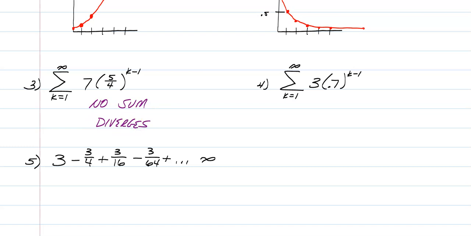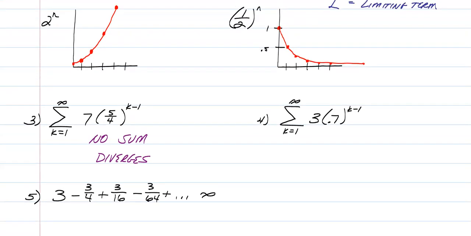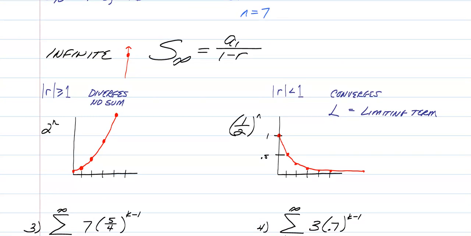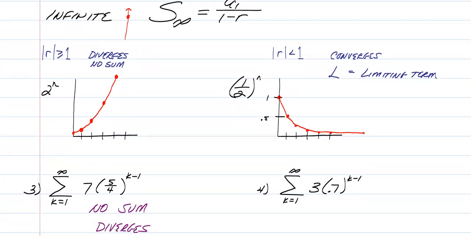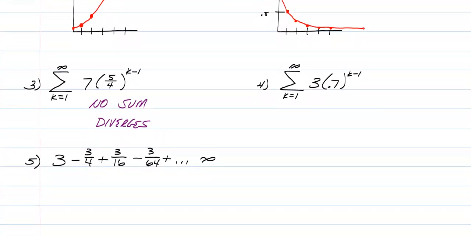That example, we're done. But if it does have a rate less than 1, up here I gave you a formula. The sum of an infinite series is equal to the first term over 1 minus the rate. So for number 4, we have a rate of 0.7, which is less than 1.